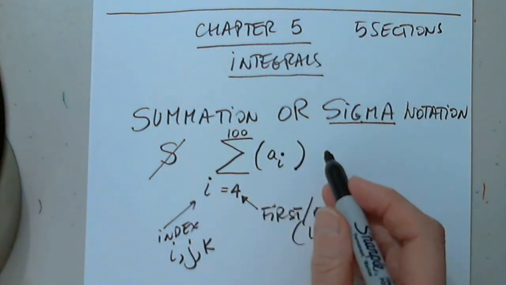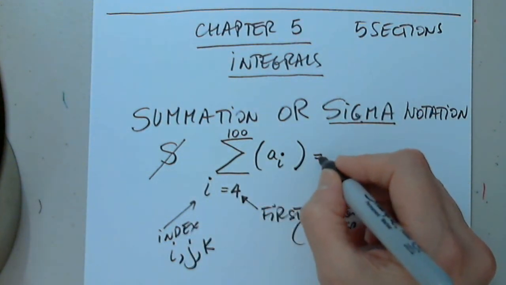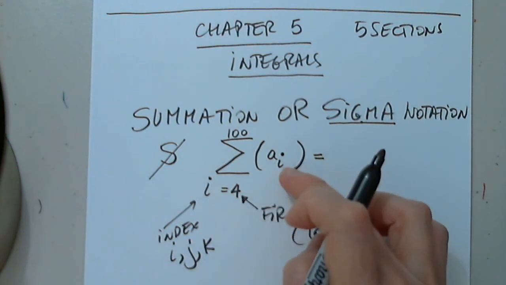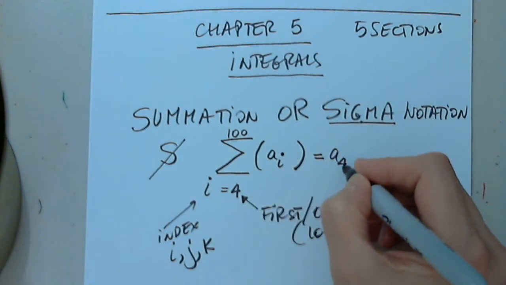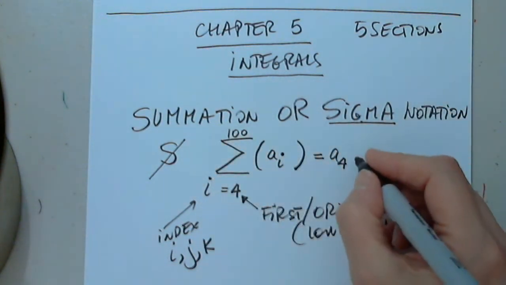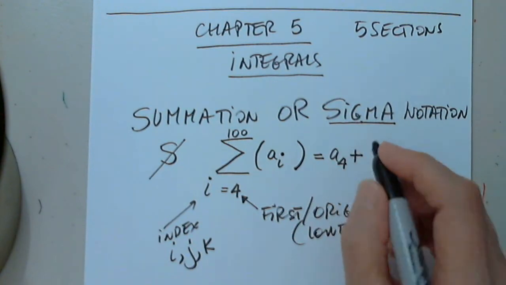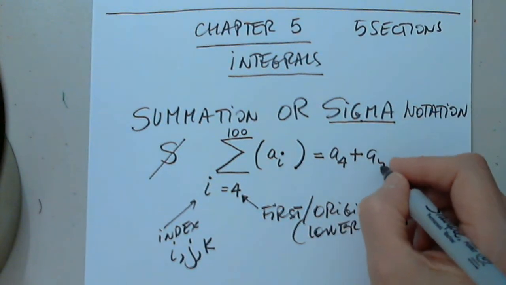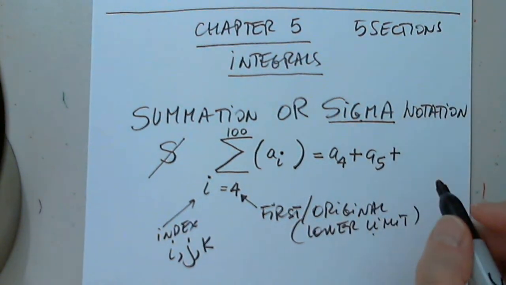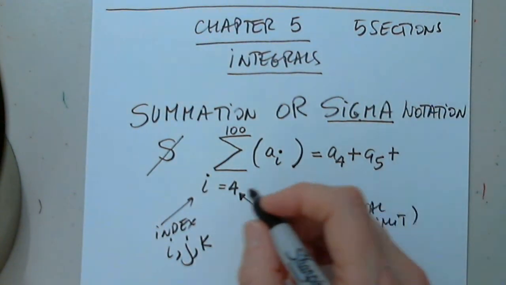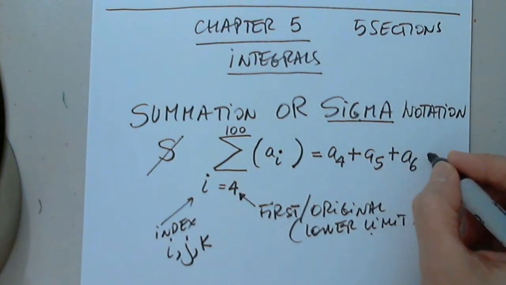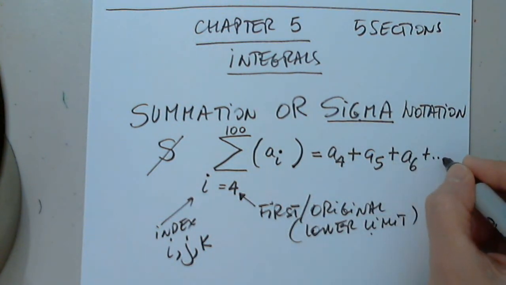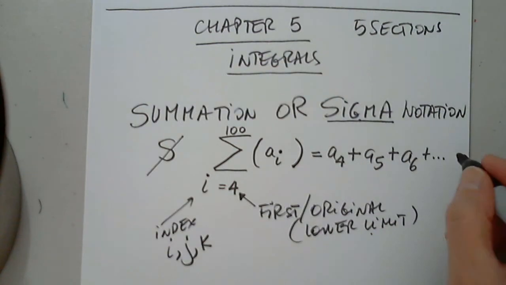What does this mean? It means when i is 4, I have a sub 4. The sum says plus. When i is 5, I have a sub 5. The sum says plus. When i is 6, I have a sub 6 plus, and exactly 3 dots, not less, not more.